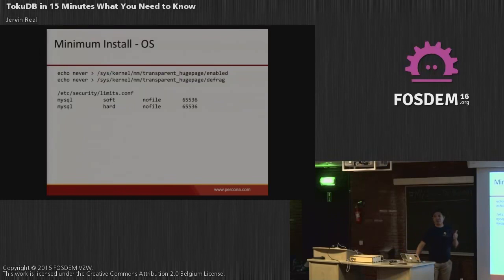For the number of open files, TokuDB has some specific characteristics when handling file descriptors, right? The first thing is, if you have partitioned tables, when you open that table, all of the partition files are opened. And with TokuDB, you have a separate file for indexes, a separate file for the primary key, a separate file for a status file that contains information like the max auto increment or the columns and things like that.